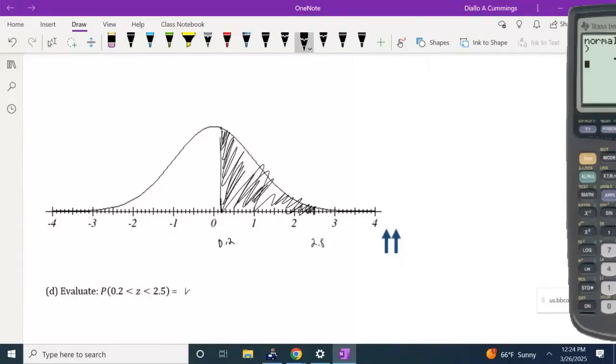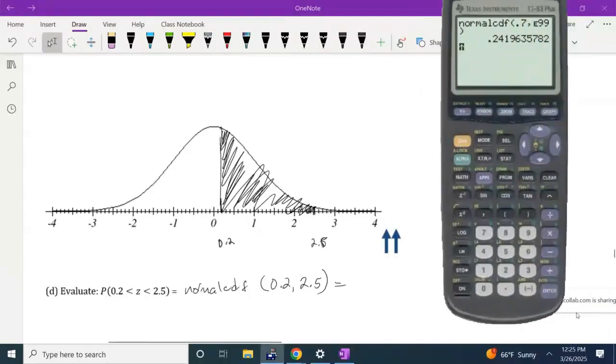In order to evaluate it, we're going to use a normal CDF function. The lower limit is 0.2, upper limit is 2.5. And this would give us an area of 0.415.